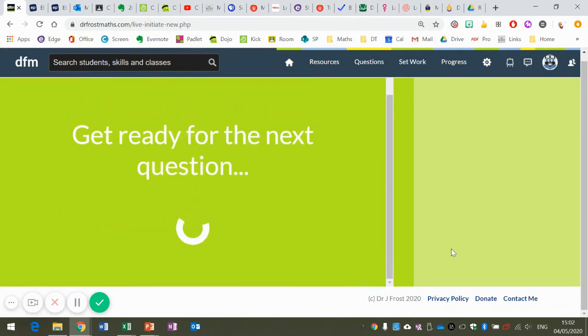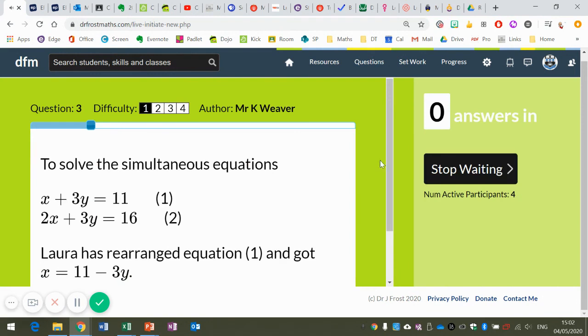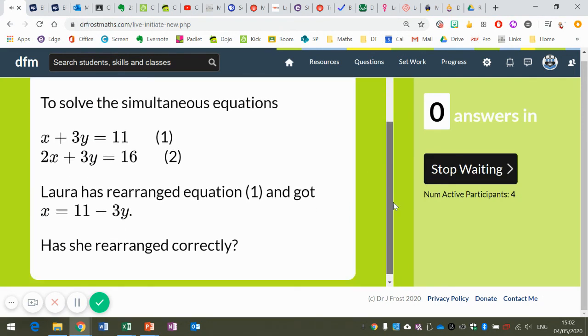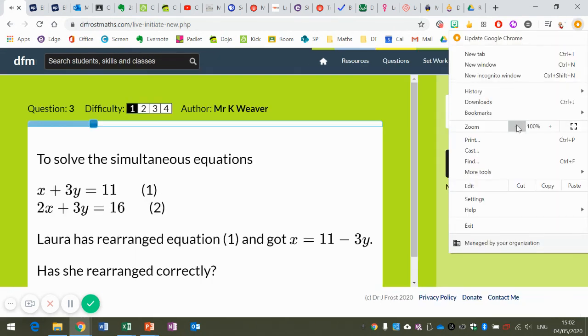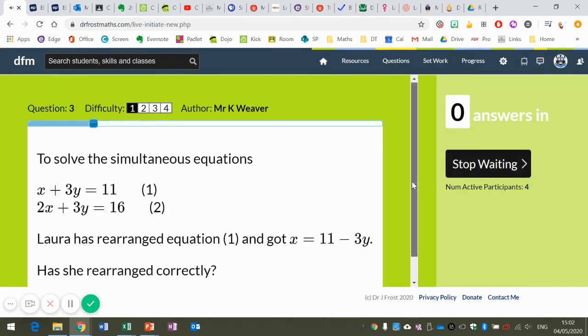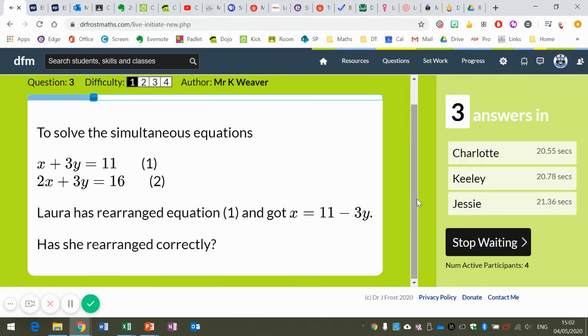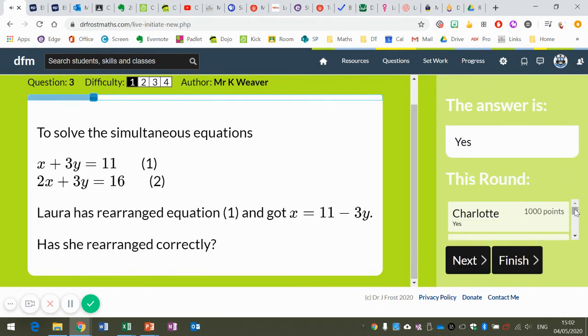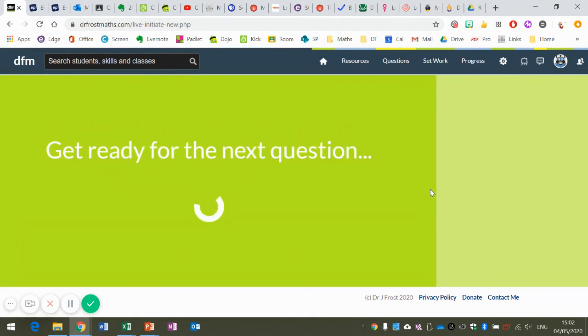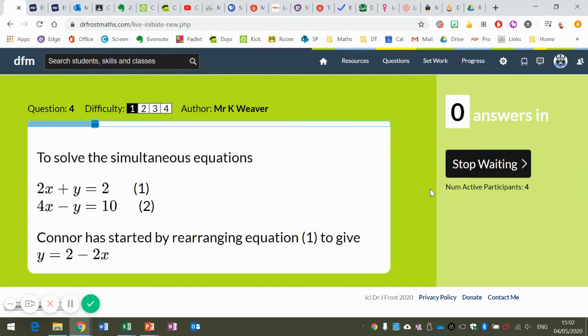So that was a no because it was a 10x. It didn't say minus 10. And it had been minus 10 before. What about this one? Excellent. Seeing lots of 1,000 points. Everyone right. Brilliant job. Right, here we go.